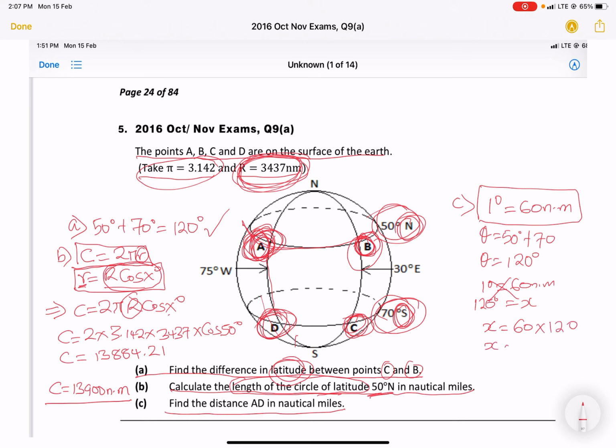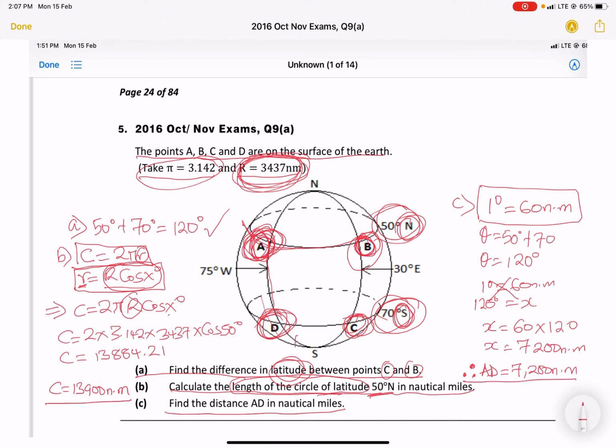Then x will give us 7,200 nautical miles. So we can make a conclusion, therefore, AD is equal to 7,200 nautical miles.